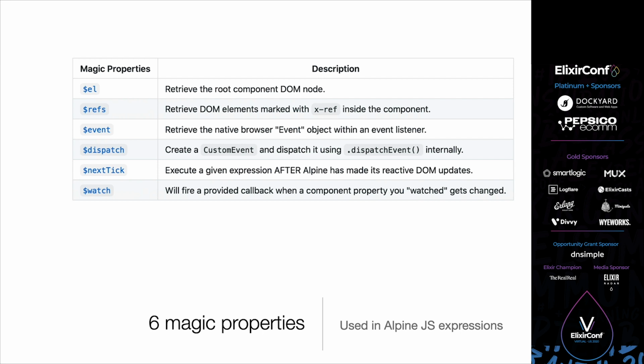There are 6 magic properties in Alpine, and these can be used within JavaScript expressions. $el refers to the root component where you define x-data. $refs allows you to refer to those x-ref attributes. $event allows you to access the event properties within an event handler. $dispatch allows you to dispatch a custom event. $nextTick allows you to execute an expression after the current update.